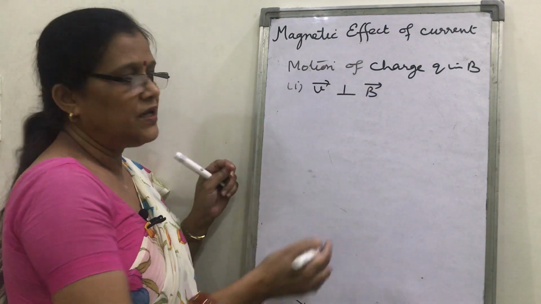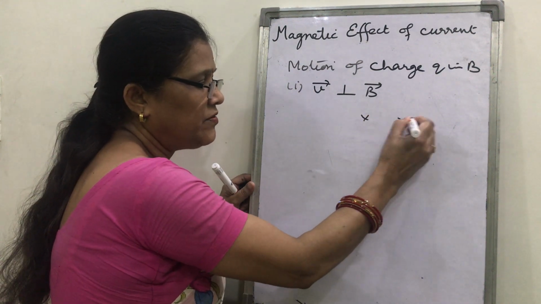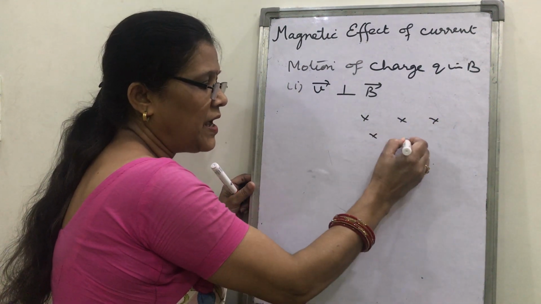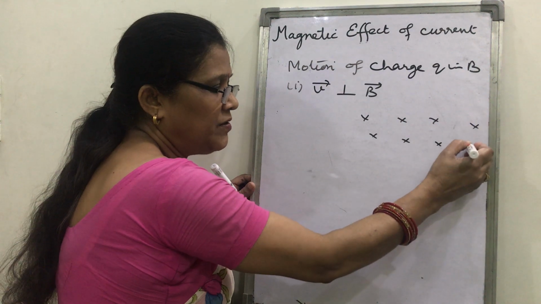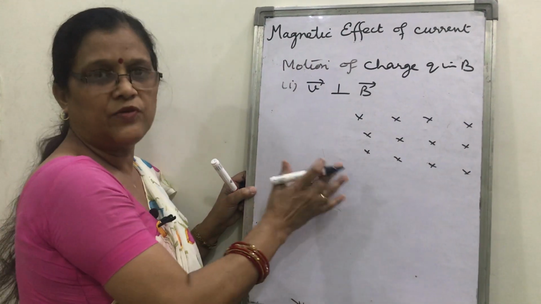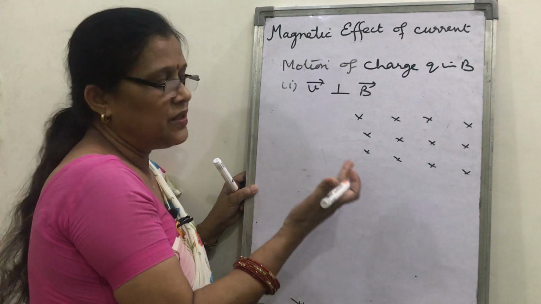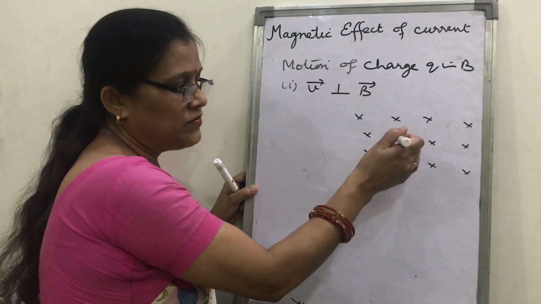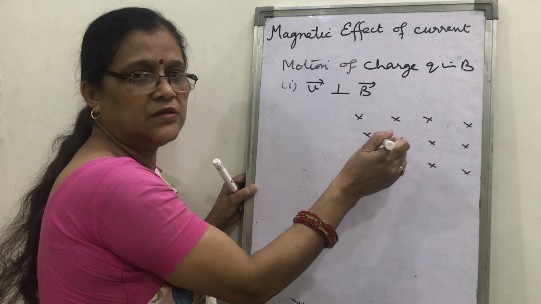What I have taken is that suppose the magnetic field is uniform and directed perpendicular to the plane of this board. If you are reading in the book, you can say perpendicular to the plane of the page, inwards.